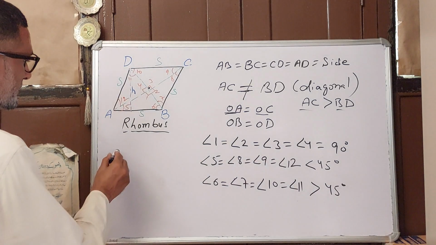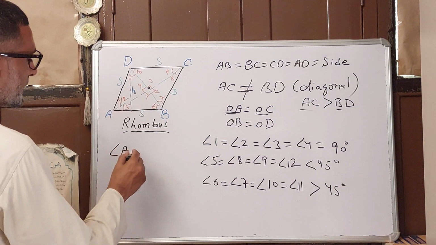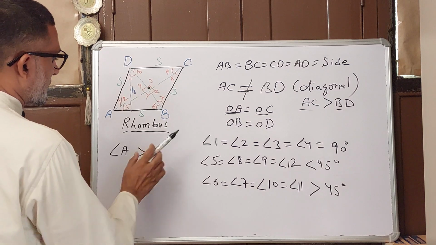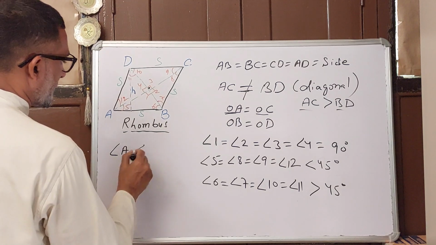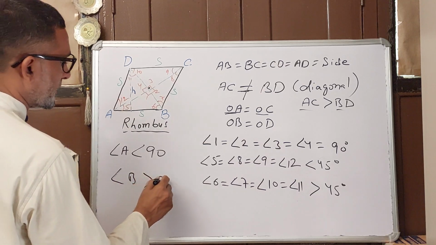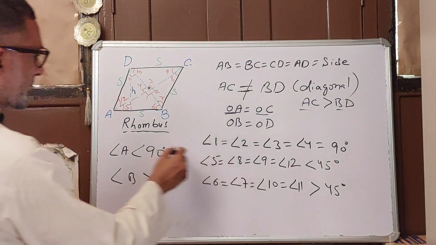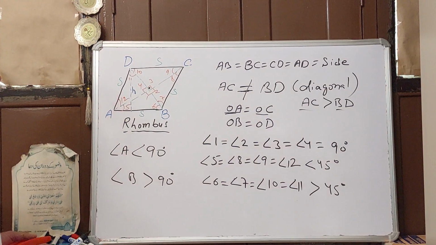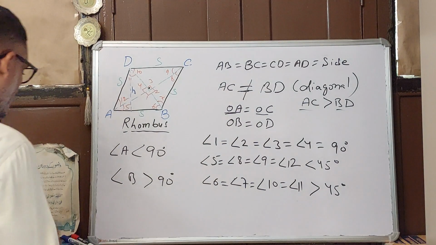As we saw earlier, angle A is always less than 90 degrees, and angle B is always greater than 90 degrees. So like this its half is always less than 45 degrees, and the other always greater than 45 degrees.